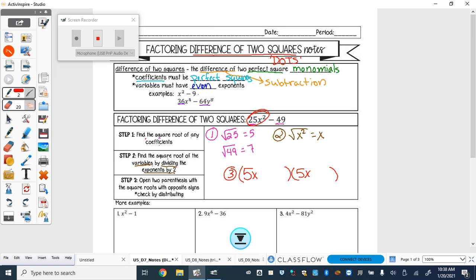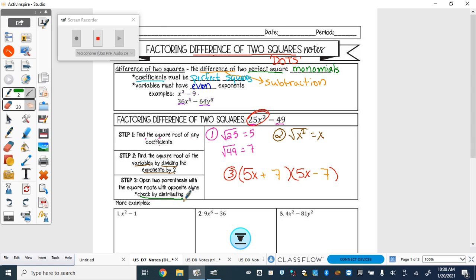And they're going to go first in the parentheses because my 25x squared was my first term that I was trying to factor. And so then 49, square root of 49 we found to be 7, so 7 is going to be the second term in both sets of parentheses, and just one is positive, one is negative. That's always the way it ends up going. You always have one positive and one negative with these.